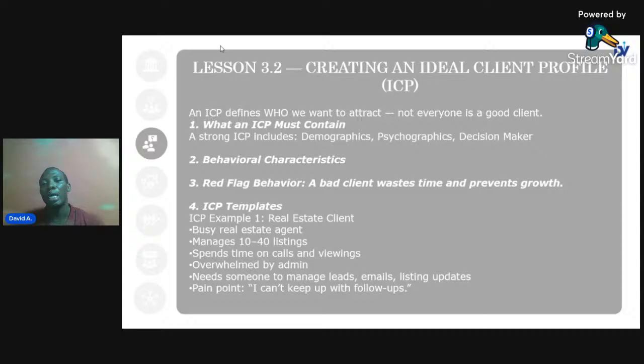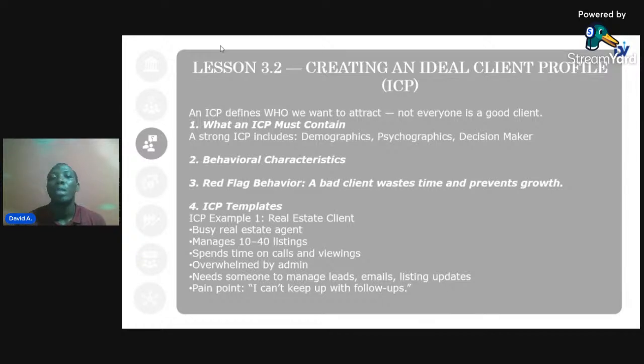A busy real estate agent is more like the owner of the agency, right? So he's busy. That's the overwhelm level. And he is the decision maker, being that he's a real estate agent.